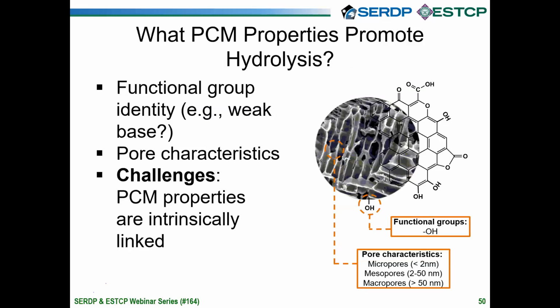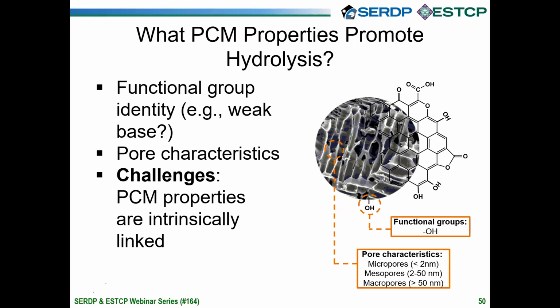So the next question is, what PCM properties are important? As shown in this little cartoon here, PCM is rich in chemistry. First of all, it has various functional groups on its surface. The phenolic group, in particular, has been proposed to act as a weak base and therefore promote alkaline hydrolysis for certain compounds.